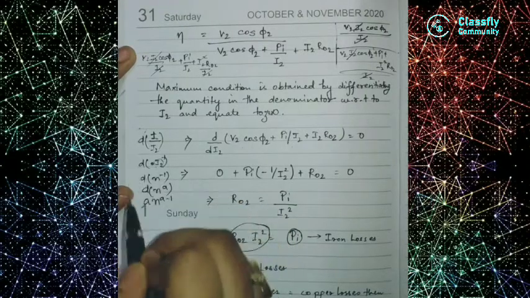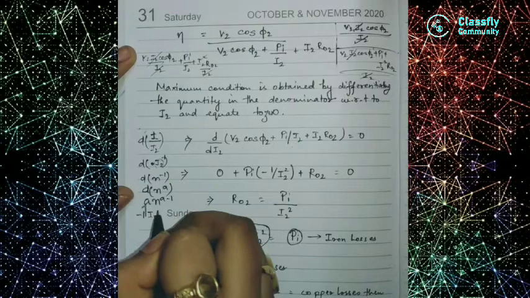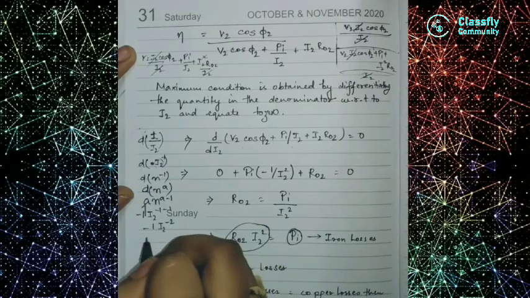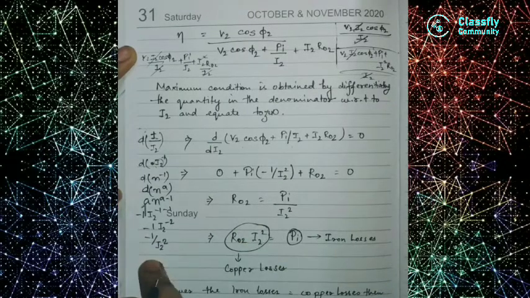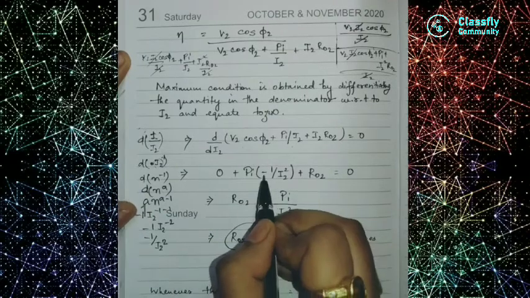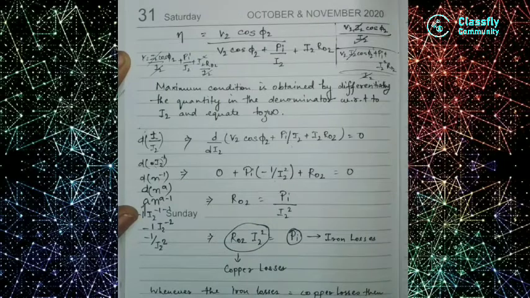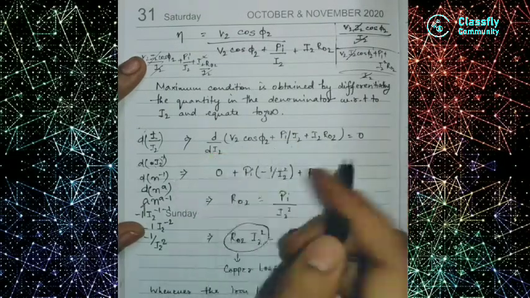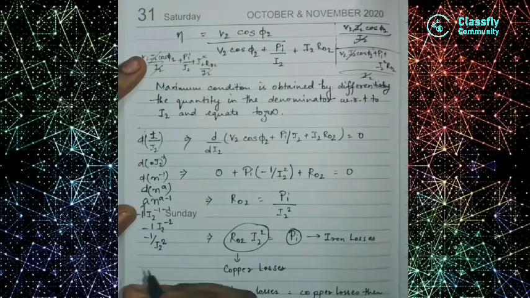So first we write minus 1, then I2 to the power minus 2, that means minus 1 by I2 square. So we got minus 1 by I2 square whenever we differentiate 1 by I2, and here R02 will be constant, and when we differentiate I2 with respect to I2 it is 1.